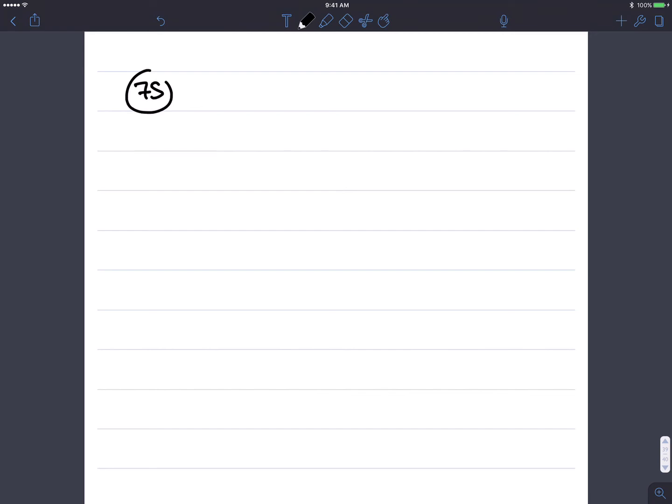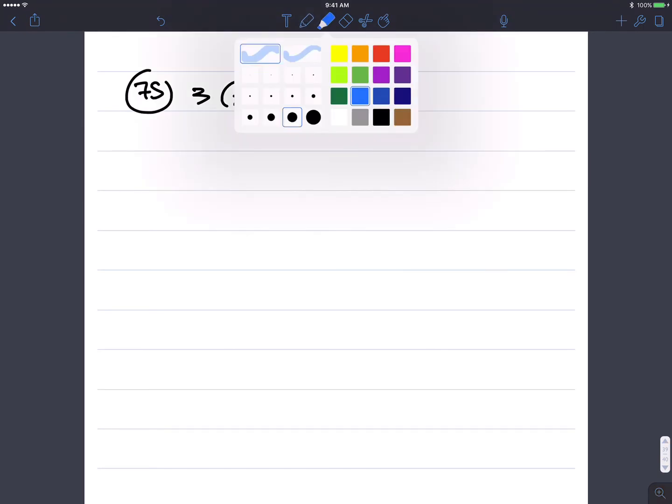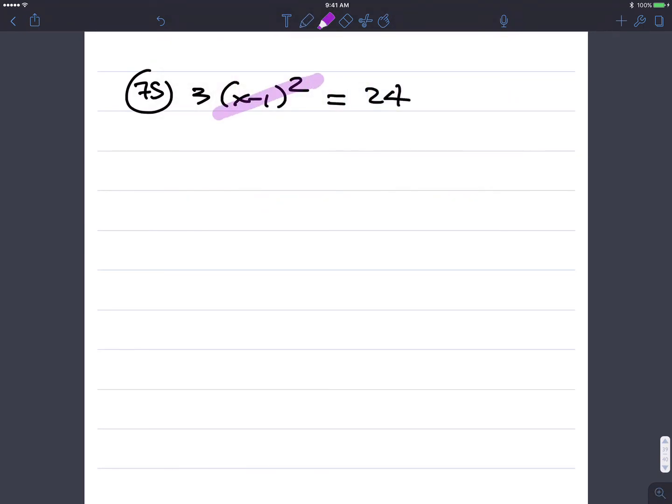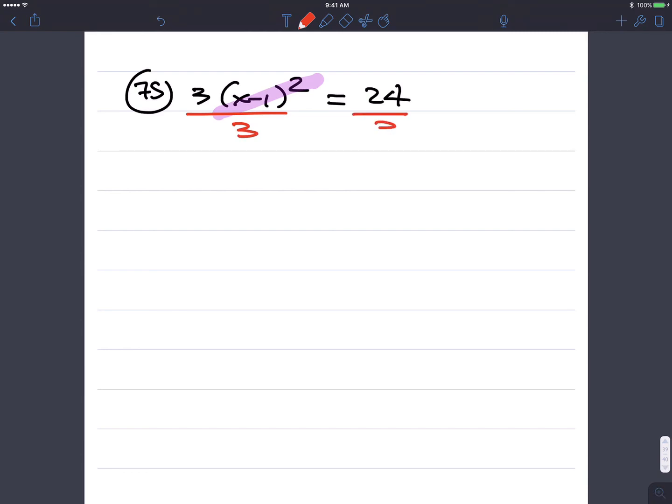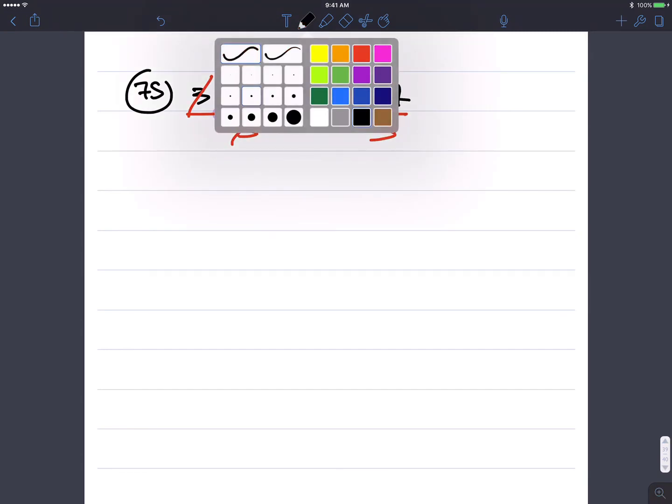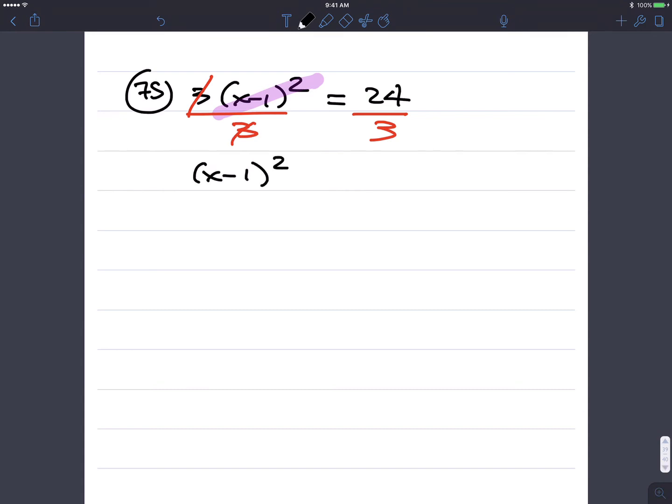75 is 3(x − 1)² = 24. Again, we are going to solve for (x − 1)² by dividing both sides by our 3. The 3's go away. We have (x − 1)², and 24 divided by 3 is 8. x − 1 will be plus or minus square root of 8 by the square root formula.